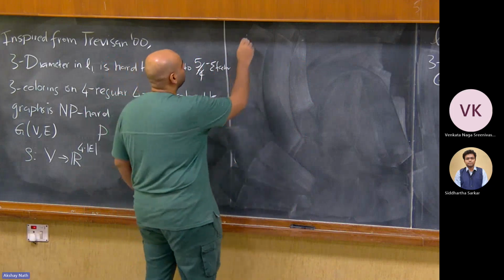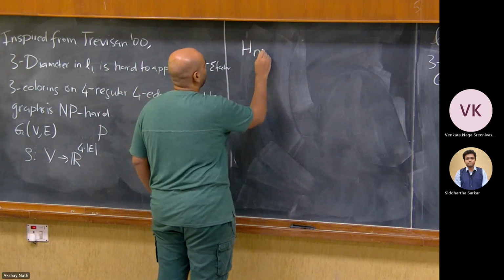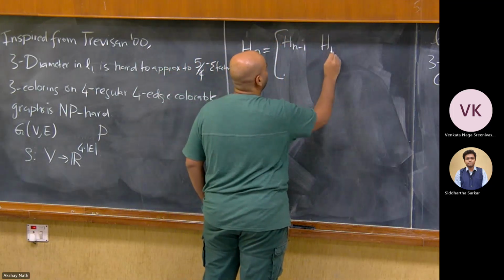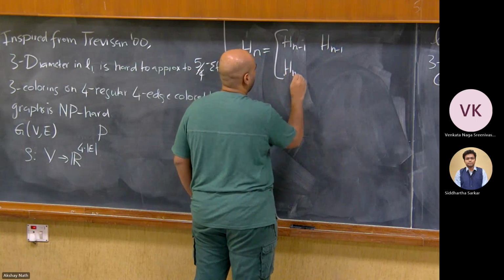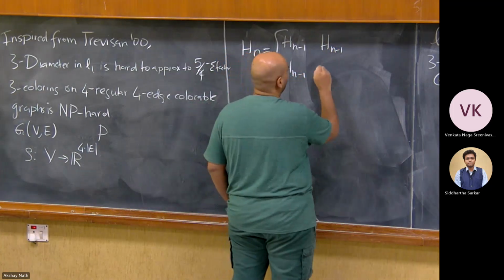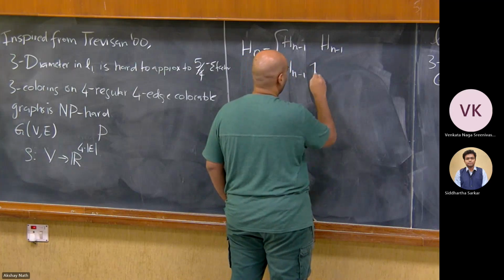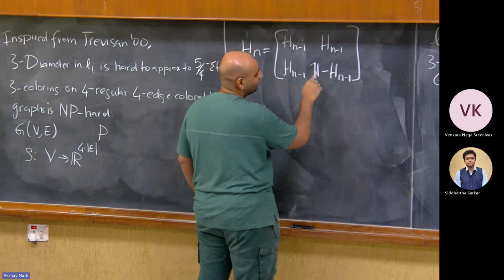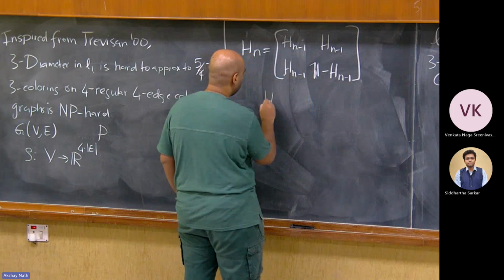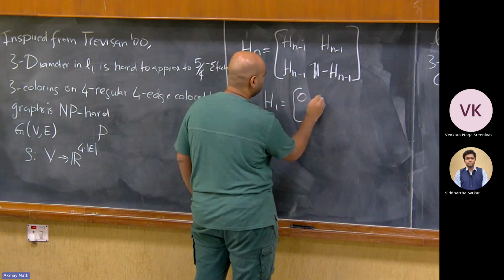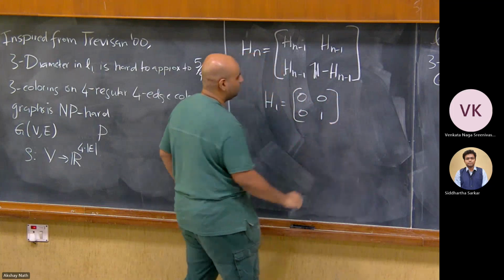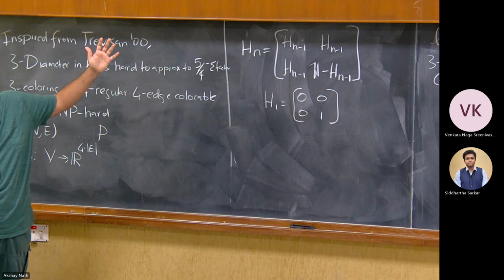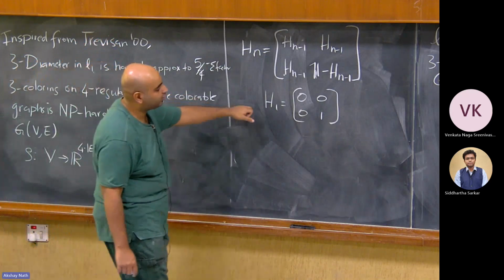So Hadamard codes are constructed as follows. This is the all ones matrix, and H1 is a 2 cross 2 matrix.